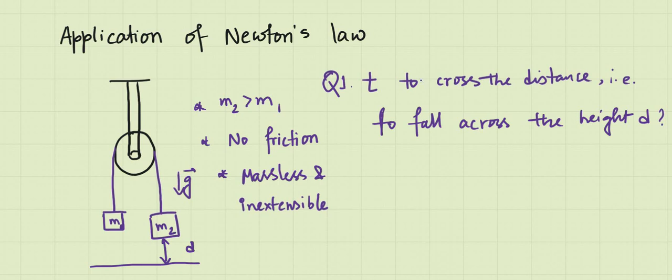So that's the time. Let me write the time, and let us call this time capital T, and then with a subscript d. So Td equals what? That would be our question.